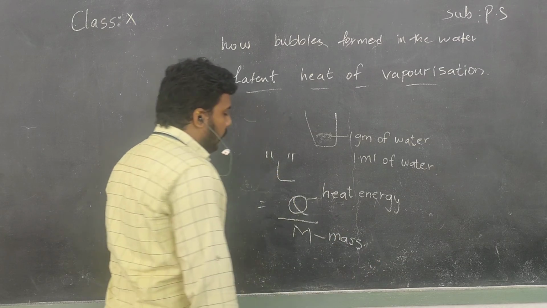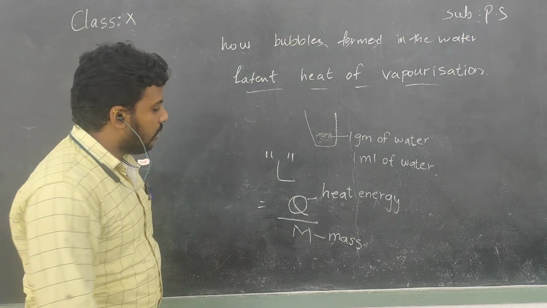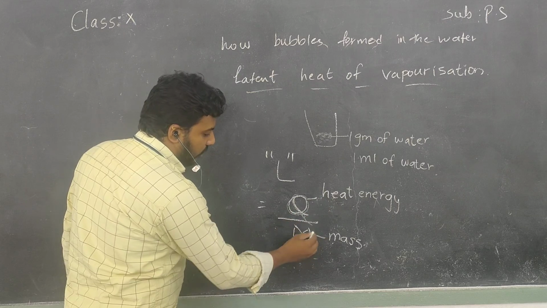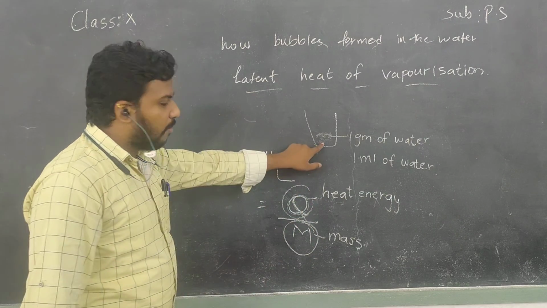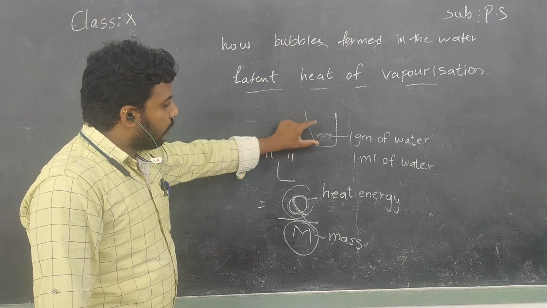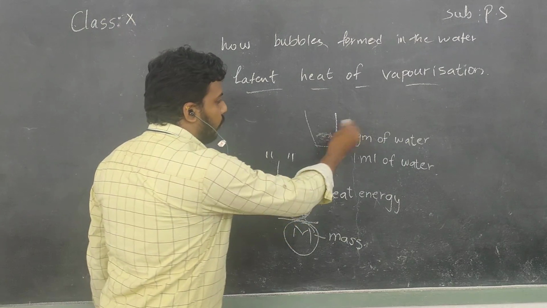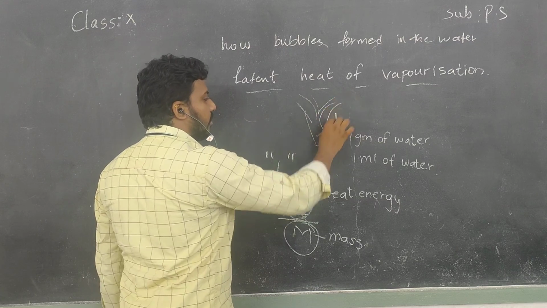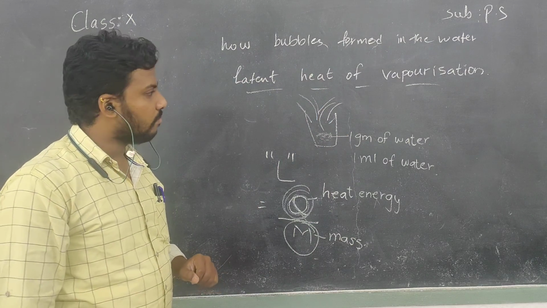If you want the latent heat of vaporization value for this water, you need some amount of heat energy for some amount of mass. So this is some amount of mass of water present in the tumbler. For this water, definitely you need some amount of heat energy to convert from liquid phase to gaseous phase. That is latent heat of vaporization.